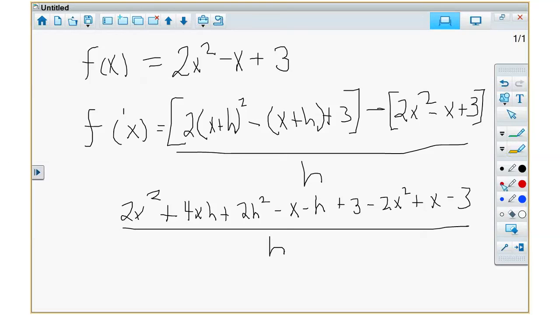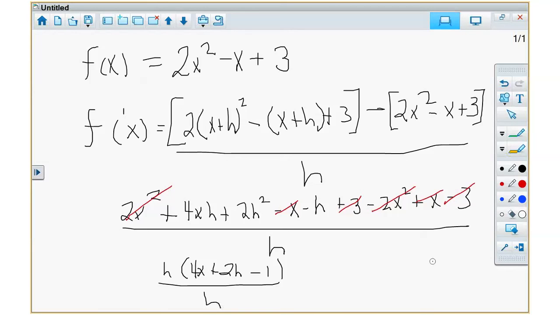Take your handy dandy red pen. 2x squared is going to what? Cancel. The 3's are going to cancel, and the x's are going to cancel. And all that you should be left with is h terms. You can go ahead and factor h out right here, and you get h times 4x plus 2h minus 1 over h.